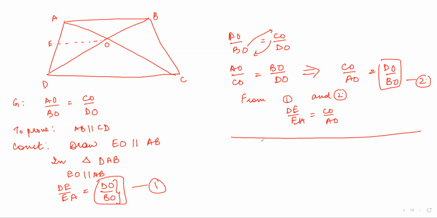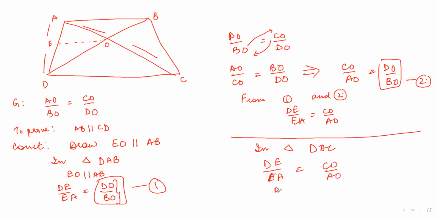Just see in the figure, what is DE, what is EA. So DE by EA is equal to CO by AO. In triangle DAC, I'm getting DE by EA is equal to CO by AO.